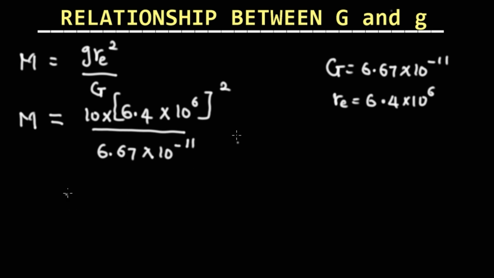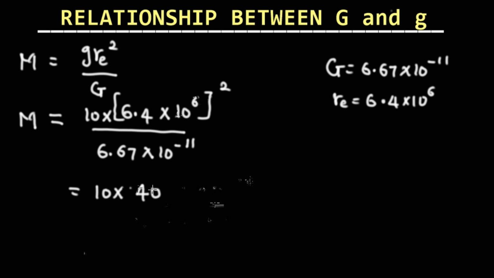Now we open the bracket, and we have 10 multiplied by 6.4 squared. Let's take it gradually. 6.4 squared gives us 40.96, multiplied by 10 to the power 12, divided all through by 6.67 multiplied by 10 to the power negative 11.